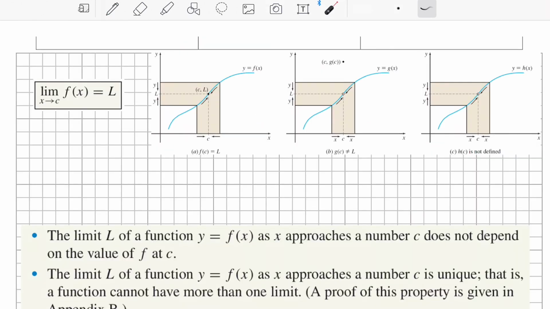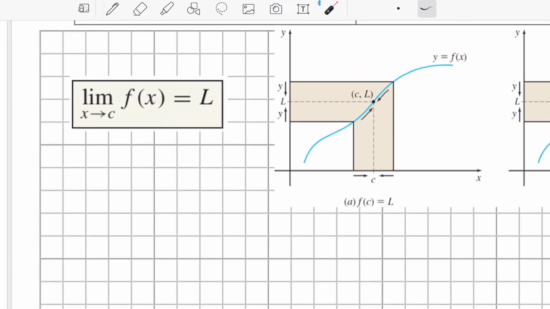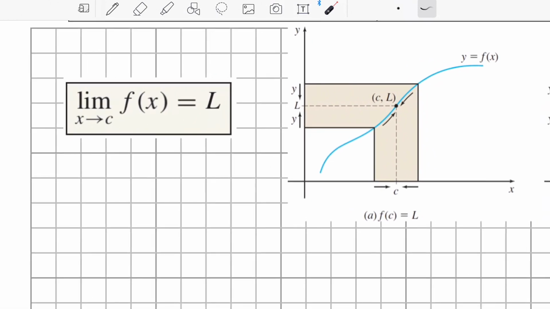Now I want to introduce this notation, which means the limit as x approaches c of f of x equals L. L represents some number. Now we ask ourselves, what does it mean for a function f to have a limit L as x approaches some fixed number c?